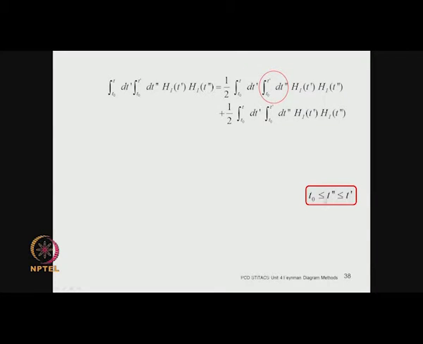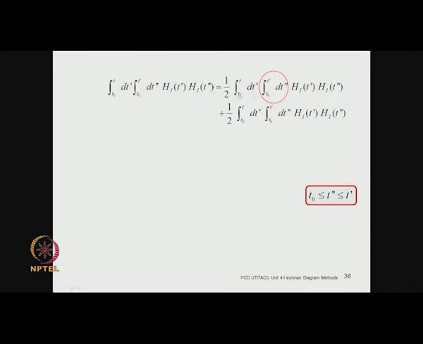And if this relation is not satisfied, then what is being integrated out should be considered to be 0. So, you can use the Heaviside step function to represent this, because the Heaviside step function will have a value which is 0 below a cutoff, and it will be unity above that cutoff, okay. So, let us do that.